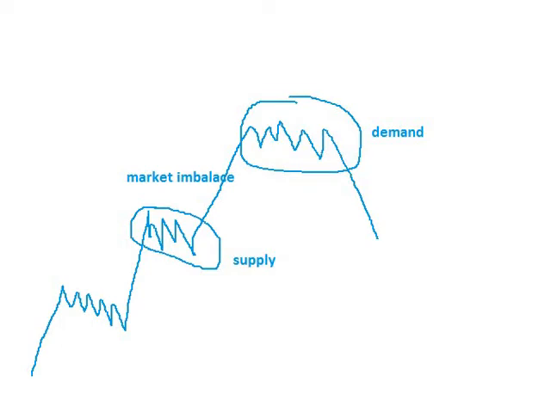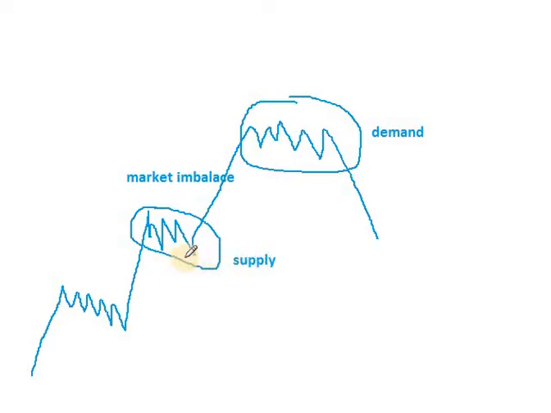These consolidation zones are what we call demand and supply zones. If price was heading in an upward direction like we see in this diagram, when it consolidates to make another move, that zone of consolidation is called the supply zone.